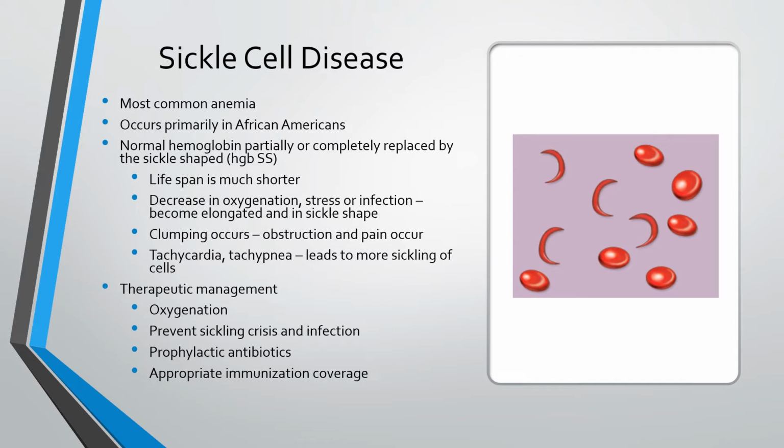We'll also see patients with tachycardia, tachypnea, which again is just going to lead to more sickling. So again, what are we going to do for these patients? We're going to definitely do some oxygenation, prevent that sickling crisis, prophylactic antibiotics, and then appropriate immunization coverage. Those sickling crises can lead to pain, typically abdomen, long bone, and joint, but really it can happen anywhere within the body.